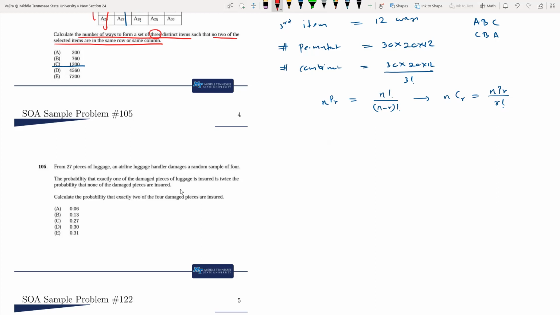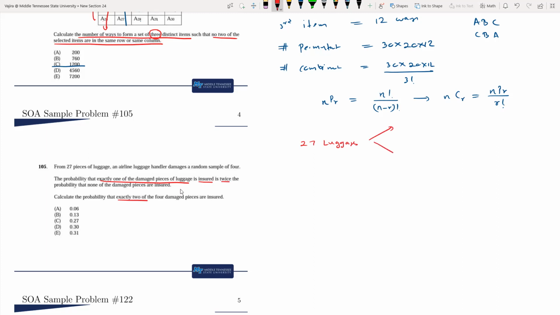So the information is about exactly one of the damaged pieces of luggage being insured being twice that. Then the question is about exactly 2. So we have to use the information to find something and then use that for the second part. So there are 27 pieces of luggage.